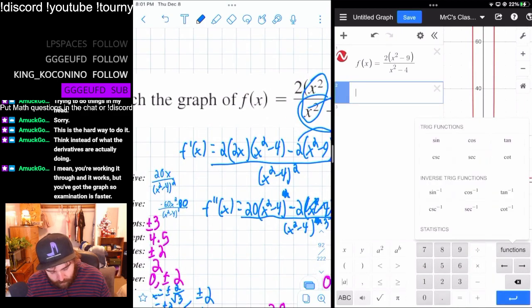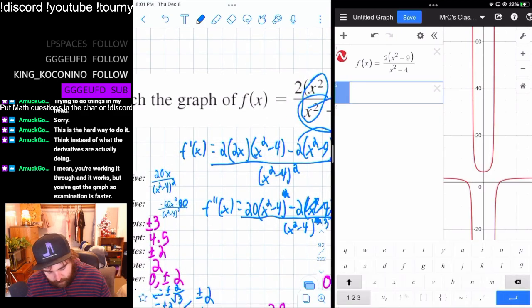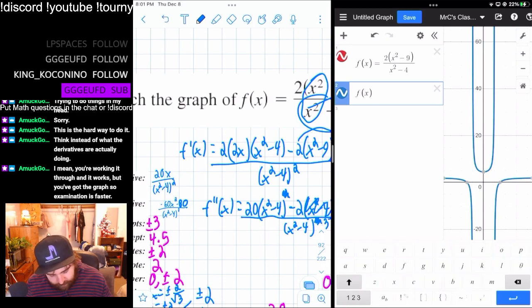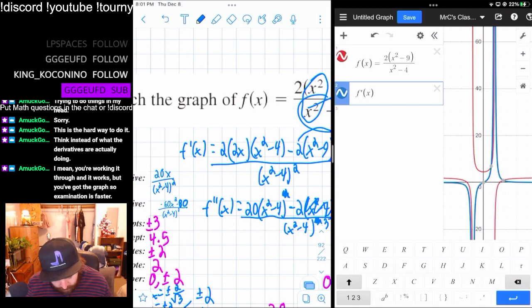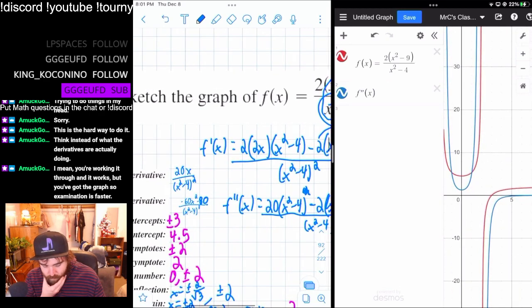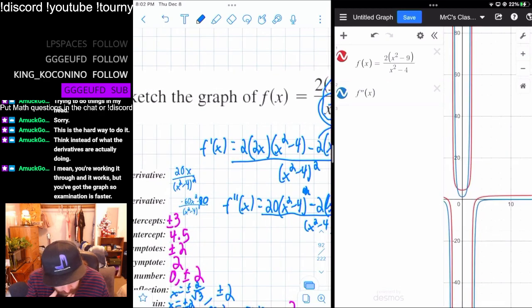So now, can I do f double prime of x? I'll just type in f of x first. So then I can just kind of see if I add the apostrophe, then add it again. Nice. So that's the derivative. Is that like what we got?